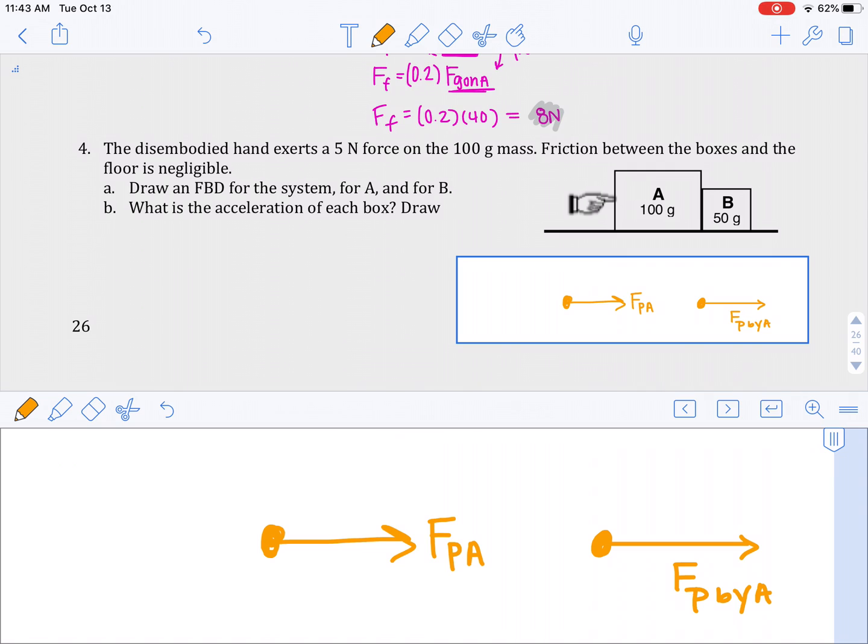So this is where your on-by notation becomes really important. And that means if A is pushing B, because of Newton's third law, we know that B is also pushing A. What direction is B going to push A?